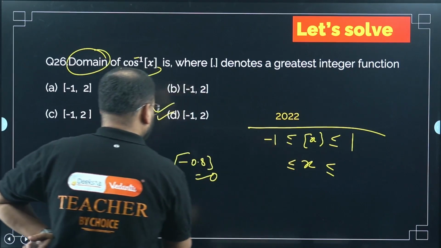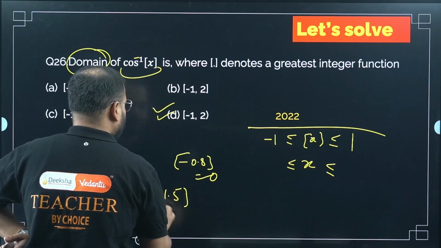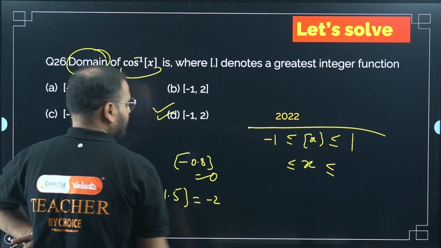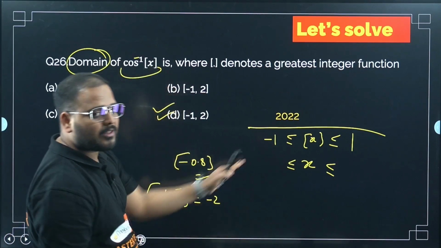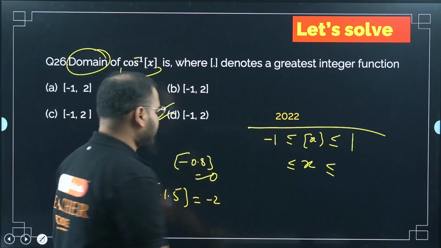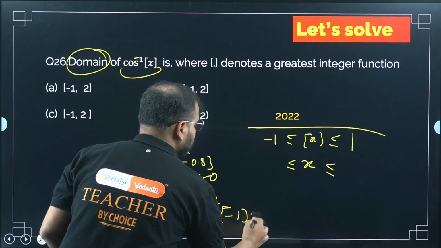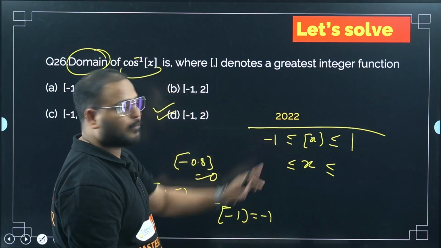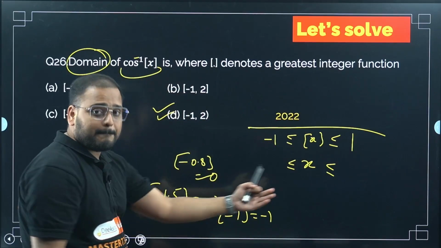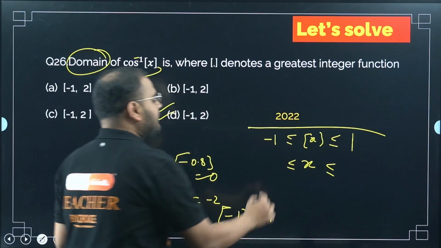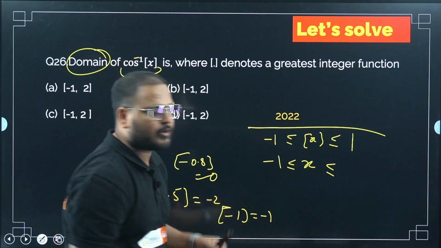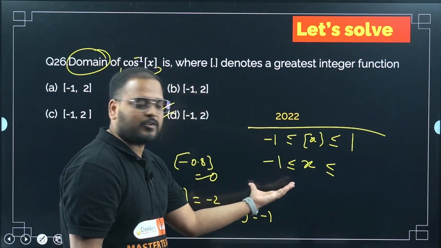But if I put minus 1.5, what is the answer? Minus 2. So I cannot take anything beyond minus 1. Up to minus 1 is okay. If I take GIF of minus 1, the answer is simply minus 1. So minus 1 is part of the domain. But I cannot go smaller than minus 1. So my left side of the interval is minus 1. That is alright, sir.